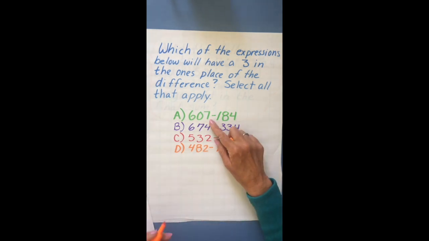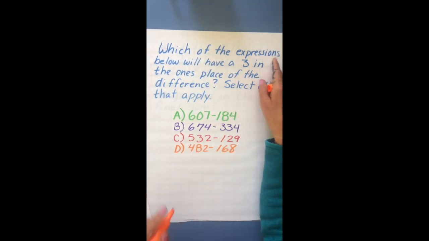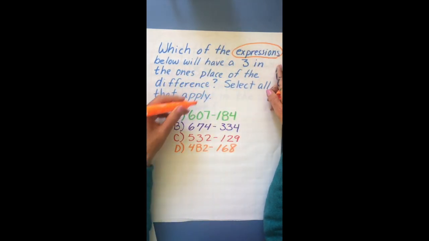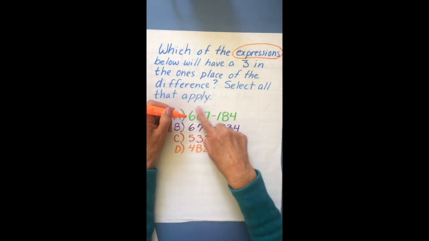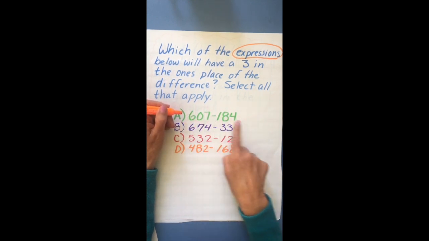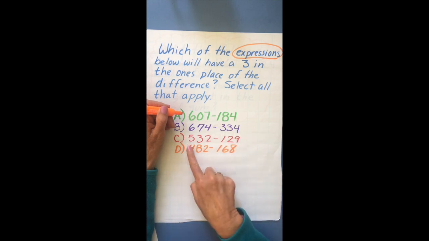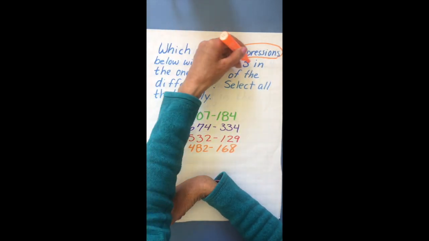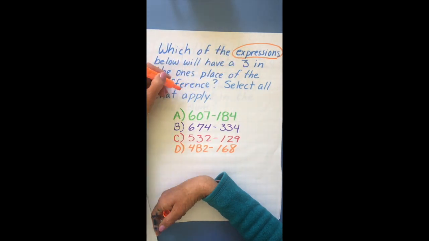So I'm going to try to do this. First, I want you to know what these words mean. Expression is easy. It just means it doesn't have an equal sign. So all of these, there's no equal sign. This is an expression, this is an expression, this is an expression, and this is an expression. Which of the expressions below will have a 3 in the ones place of the difference?